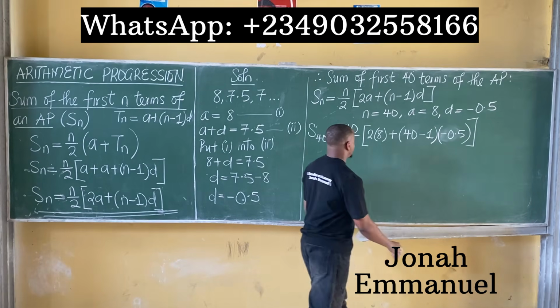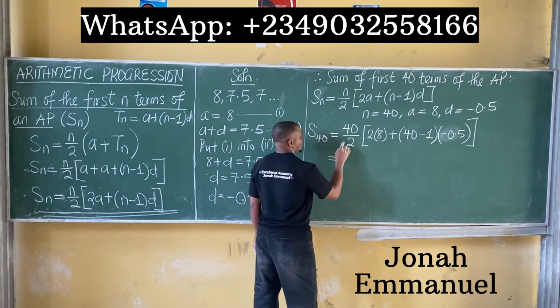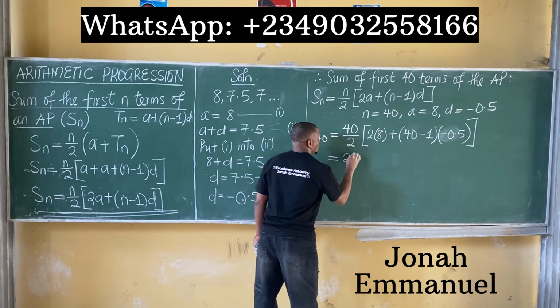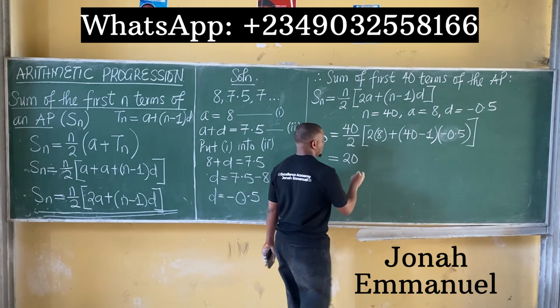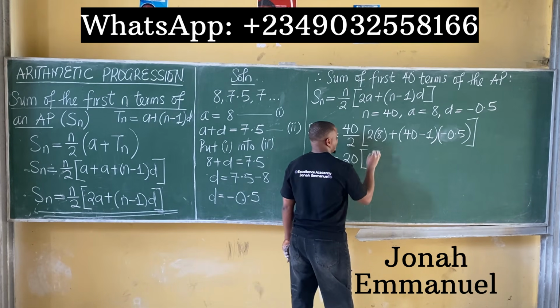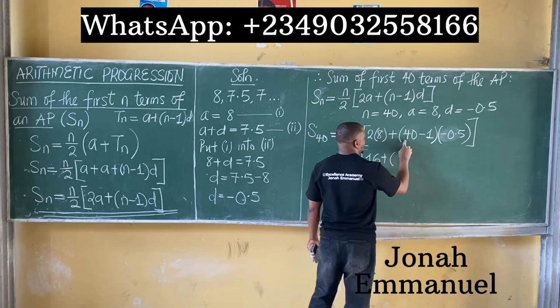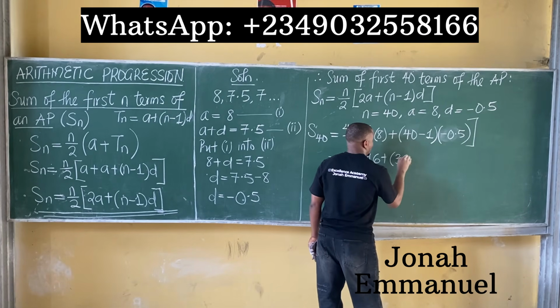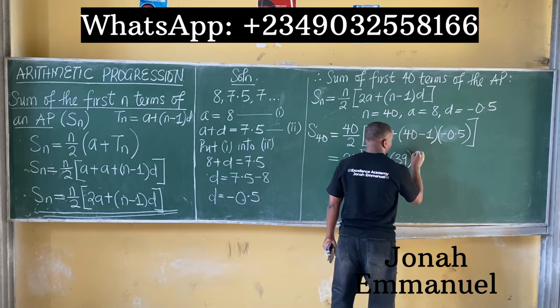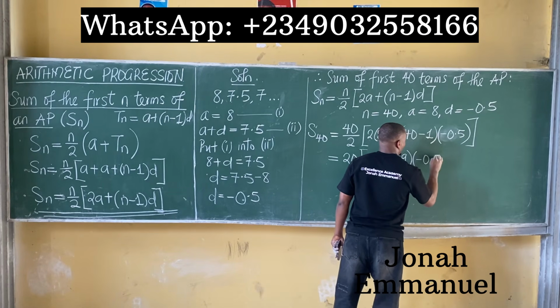Okay, let's simplify this. This is equal to 40 divided by 2 gives you 20, into 2 times 8 is 16, plus 40 minus 1 is 39, into minus 0.5.